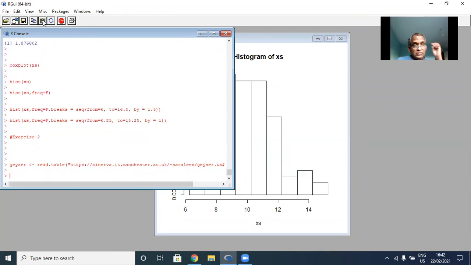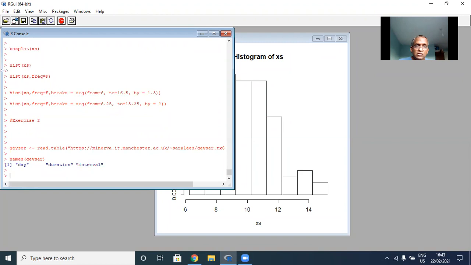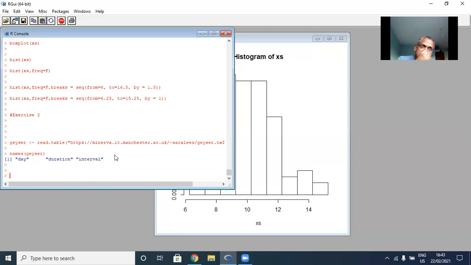All right. Now, if you type names in geyser, it has 3 names corresponding to the 3 columns. The first column is day, the second column is duration, the third column is interval. Now, we are interested in the duration, the second column. So let's call that XT. So XT is going to be geyser dollar duration.